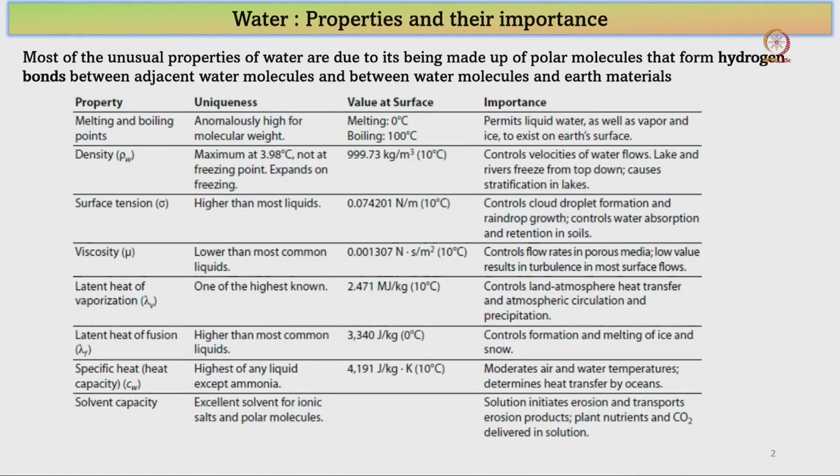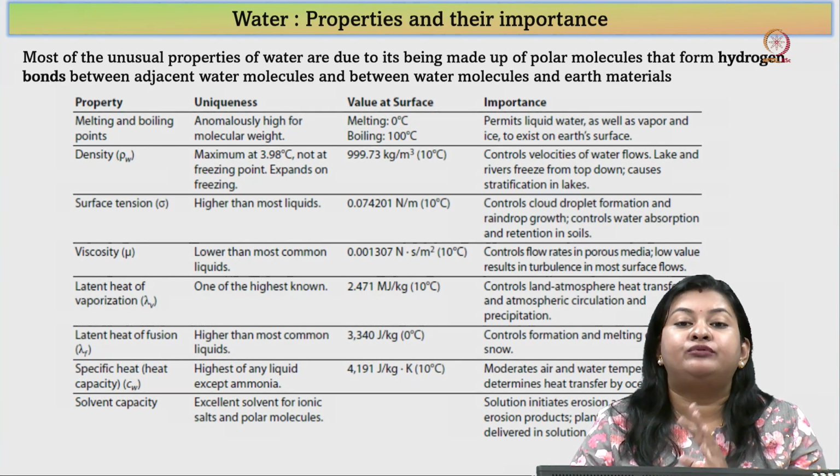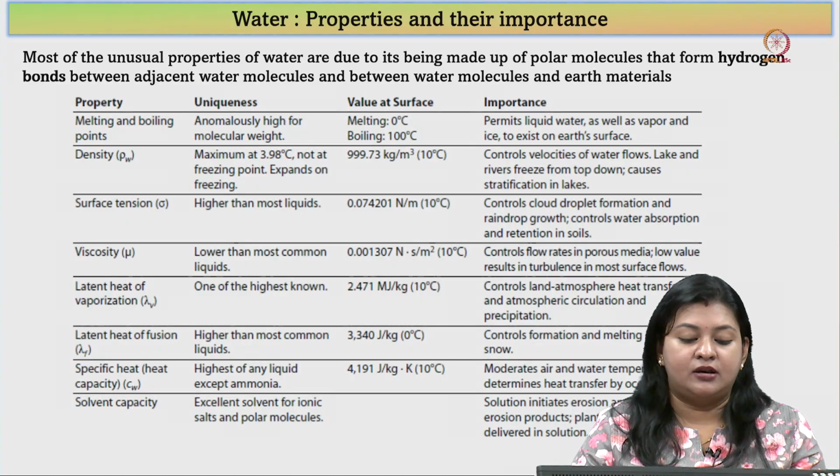That means, to increase the temperature of water by 1 degree, we actually need to supply a lot of heat, because it is one of the highest of any liquid except ammonia.